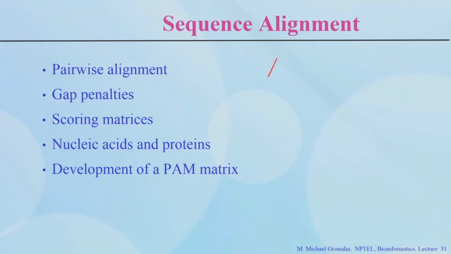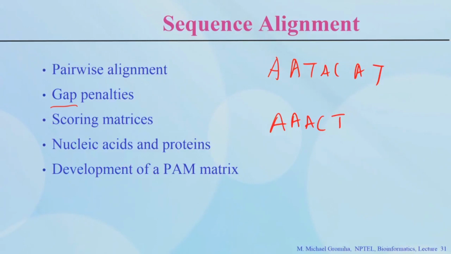For example, this is a sequence. First you try without gaps, then you can align with gaps, using gap penalties.